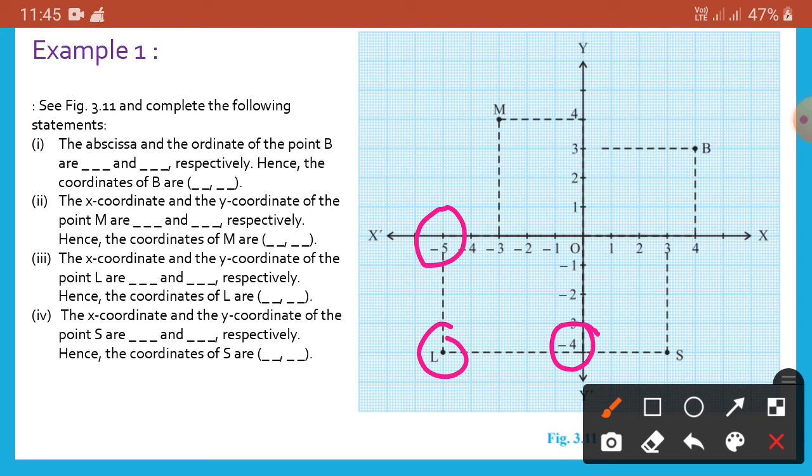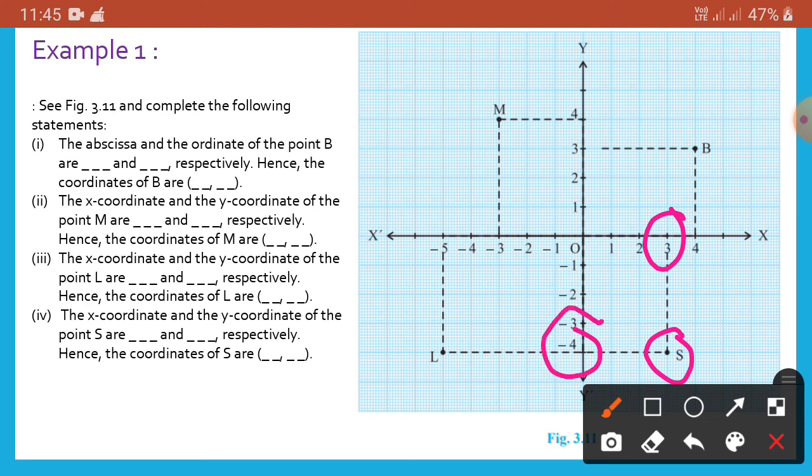So the coordinates of the point L are (-5, -4). Then the coordinates of the point S will be 3 and -4. Along the x-axis it is +3, and along the y-axis it is -4. That means the coordinates of the point are (3, -4).